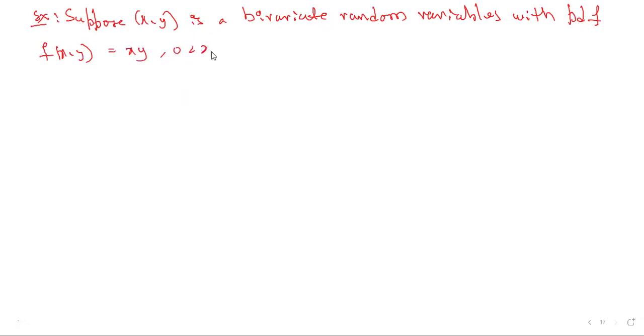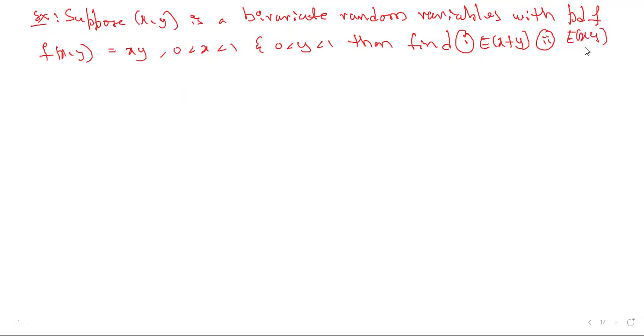The range of x is given, that is 0 to 1, and the range of y is also 0 to 1. Then find, first, the expected value of x plus y, and second, the expected value of xy. We need to find these two. It's very simple.